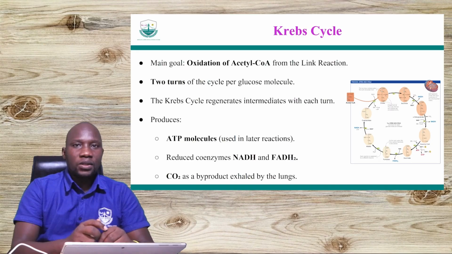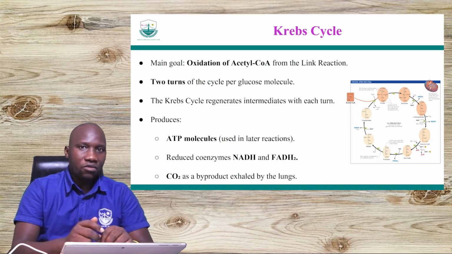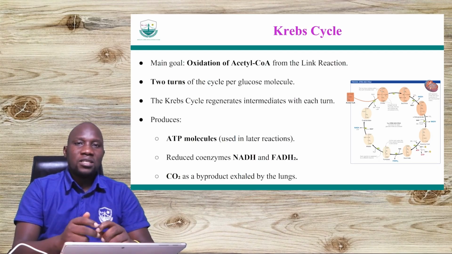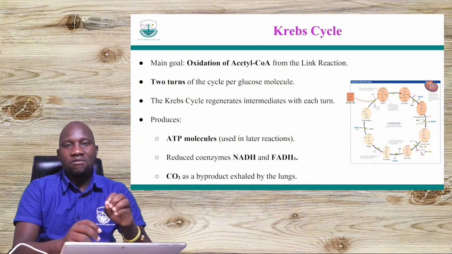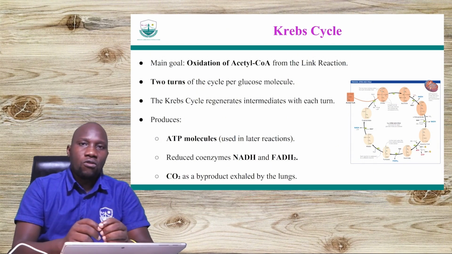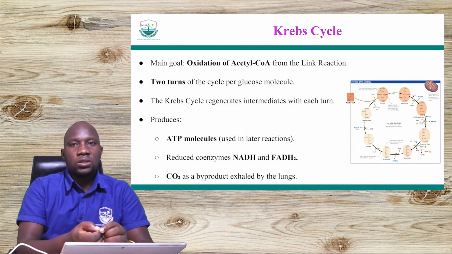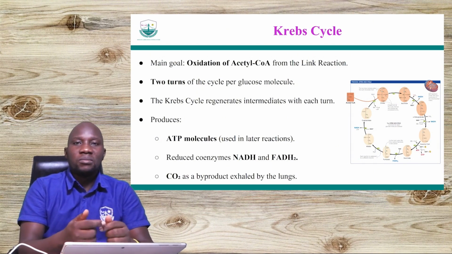The other unique characteristic of Krebs cycle is that you will have regeneration of intermediates each time. That means that you don't have to keep having inputs of new molecules to be used in Krebs cycle.